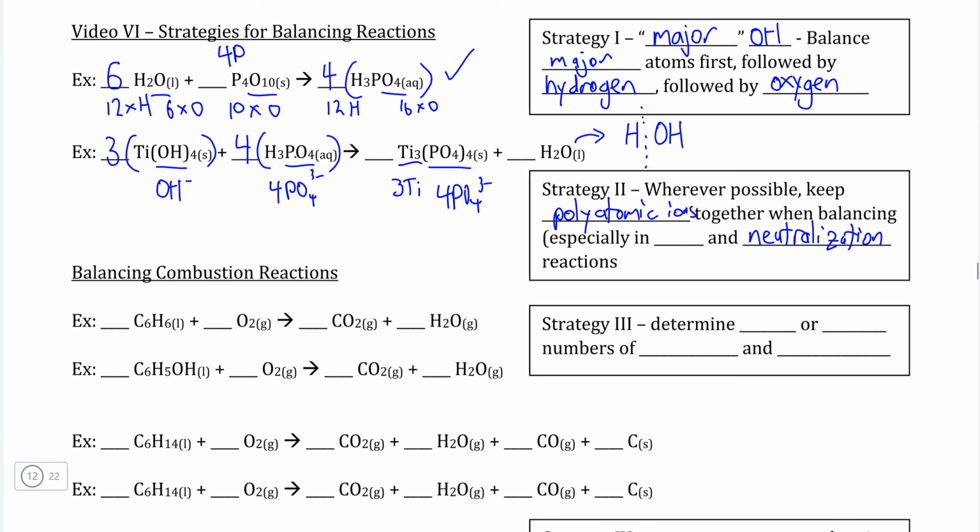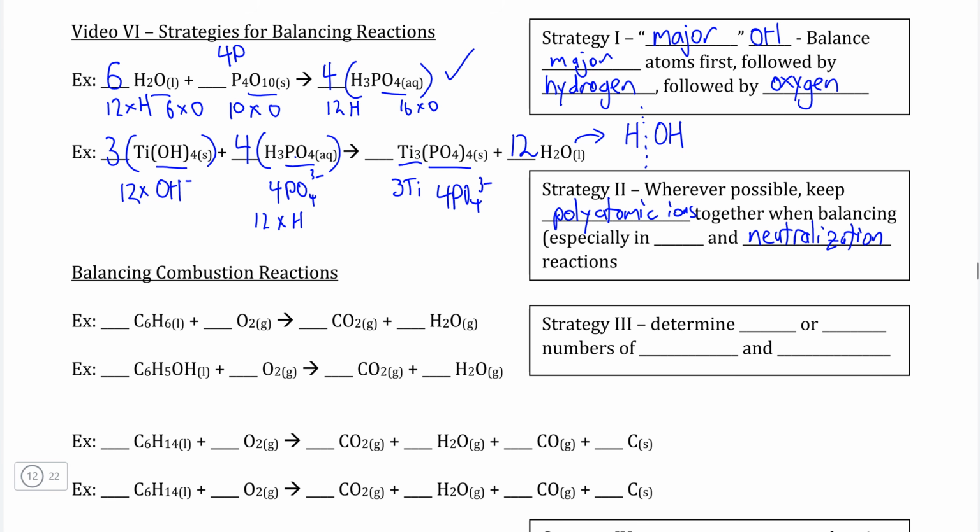For example, we can see 3 times 4 is that our base has a total of 12 hydroxide ions, and our acid, 4 times 3, is a total of 12 hydrogens, and those 12 hydrogens and 12 hydroxides will combine together in order to give us 12 waters, so we can use the same polyatomic ion trick just with water as well.